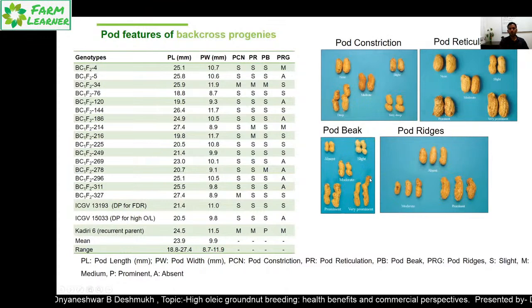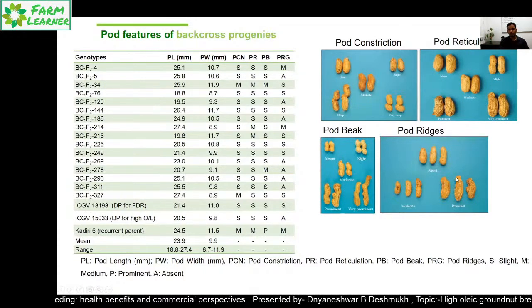If there is a very prominent beak or moderate beak, then the beak will break in the field, which creates an entrance for fungal pathogens, specifically aflatoxin, which is a neurotoxin. That's why farmers or groundnut breeders will be looking for slight to absent pod beak, and then pod ridges.